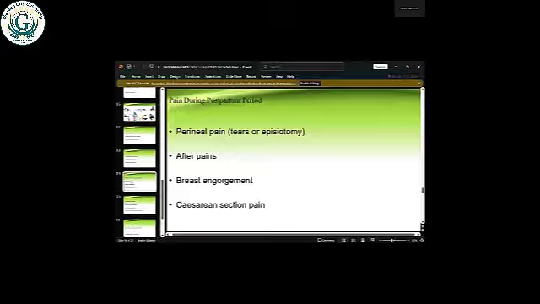And then after-pains, we are talking about the contraction of the uterus, which results from breastfeeding of the babies. Breast engorgement occurs when the baby isn't able to suckle well. The breast engorgement will cause a lot of pain to the mother. And then we talk about the cesarean section. After the cesarean section, when the anesthesia wears off, the mother would experience most of the pains at the site of the cesarean section. Thank you.